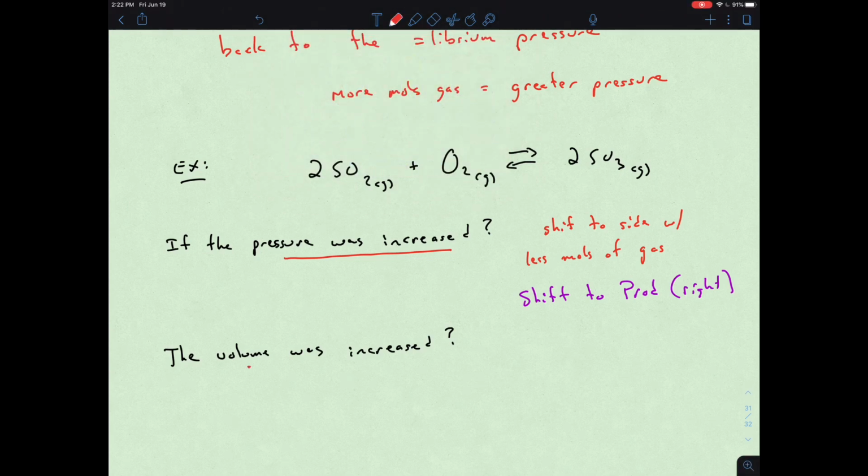Since the volume was increased, that's the same as the pressure being decreased. So that means we're going to shift to the side with now more moles of gas.